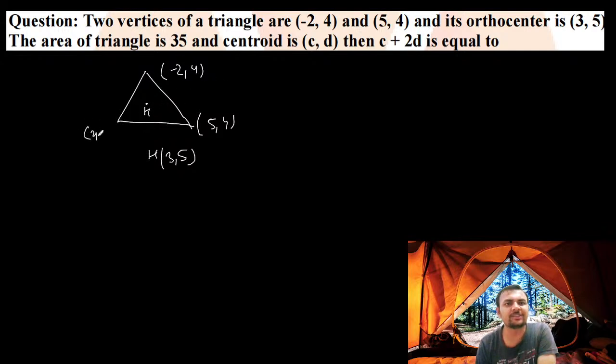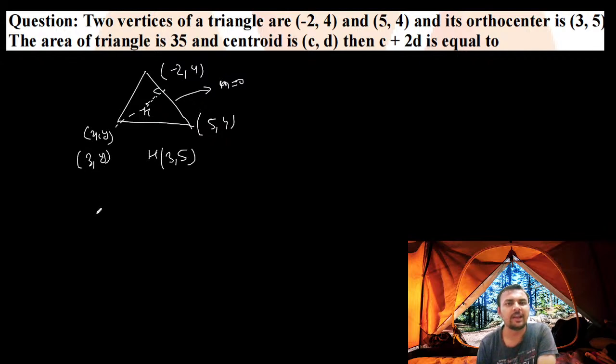This is x comma y. So we can find the equation of this line, isn't it? Because orthocenter is given. So the slope of this line is 0. That means this line is x equal to c, that means it is 3 comma y.